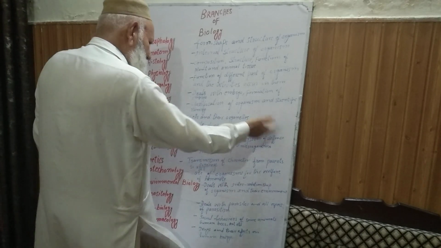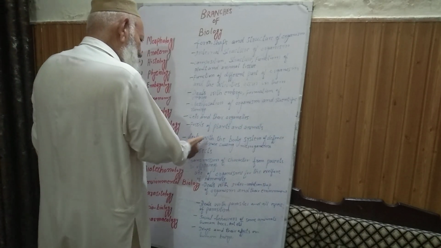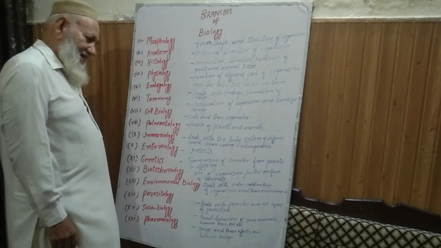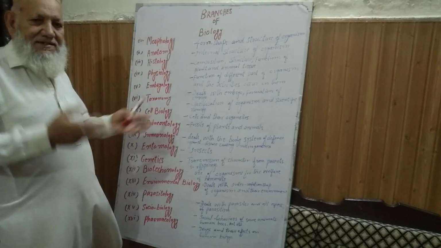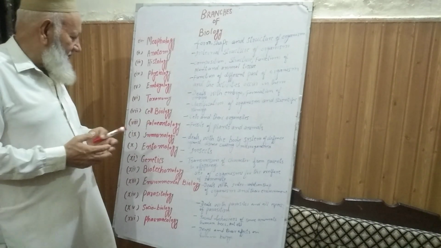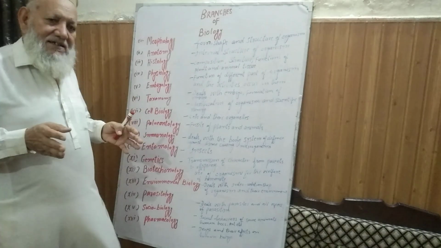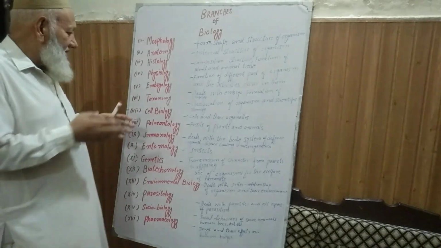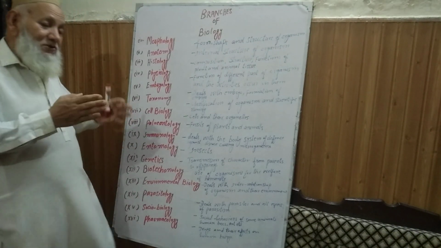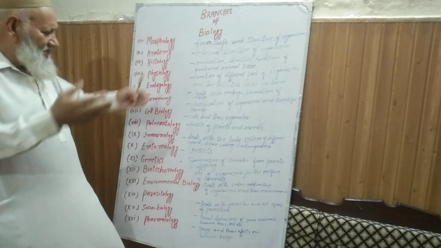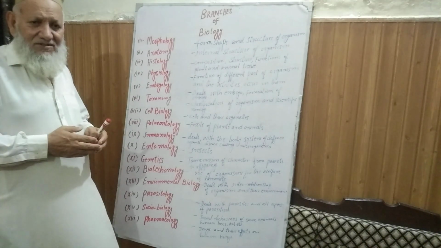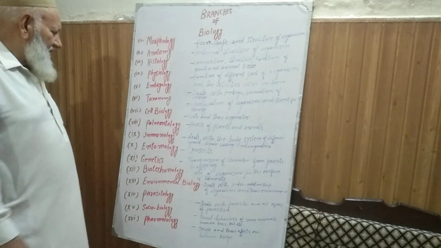There are so many microorganisms and they cause different types of disease. But the immune cells are present, so they attack the germs. This type of study is called immunology.